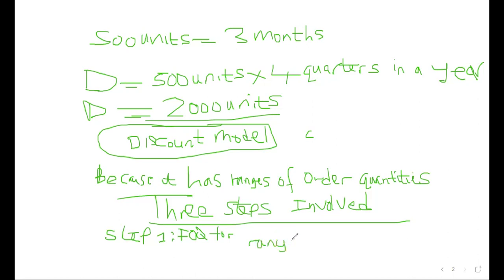Step 2: find TMC for all ranges. And number 3, we need to select the order quantity to give us the smallest possible total material cost.